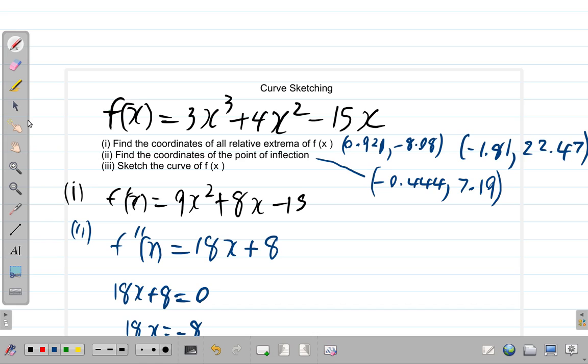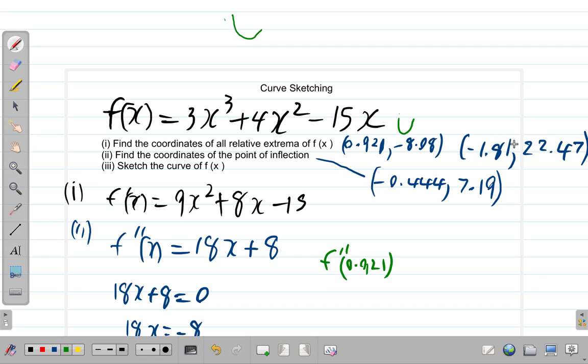Now, what is f double prime of 0.921? Is it going to be a positive or a negative? If we put 0.921 into this, we'll get a positive. You don't even have to calculate it. It will be positive. So, in this case, being that it is positive, remember the gradient will keep rising, so it will be a minimum point here.